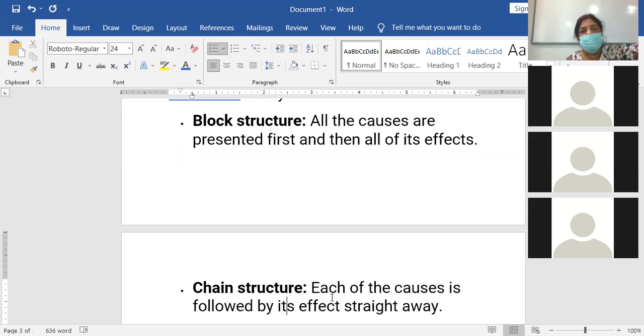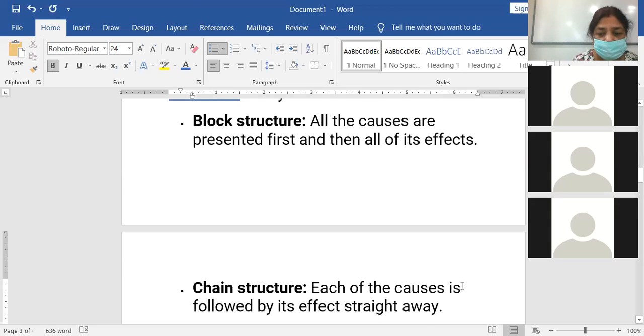First we list all the causes, and then all the effects, like the person had a headache, and the effect of vaccination. So in the block structure, all the causes are presented first and then all of its effects.